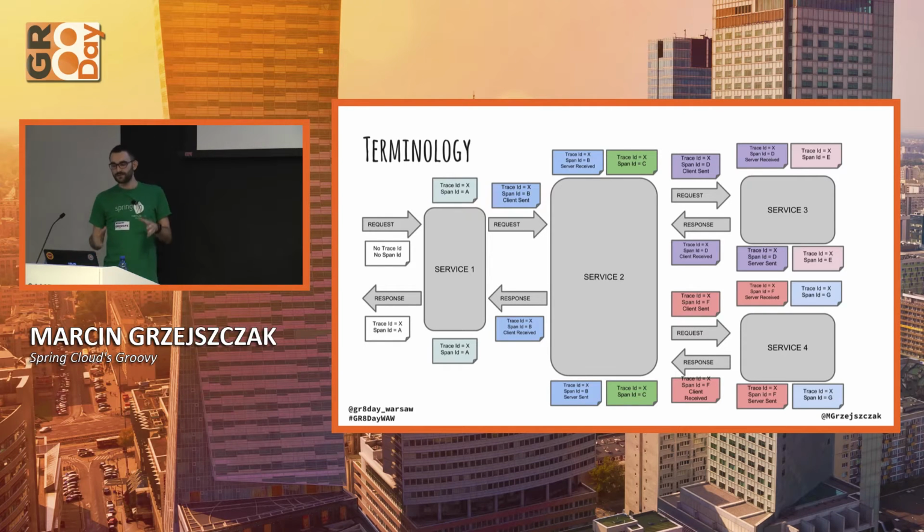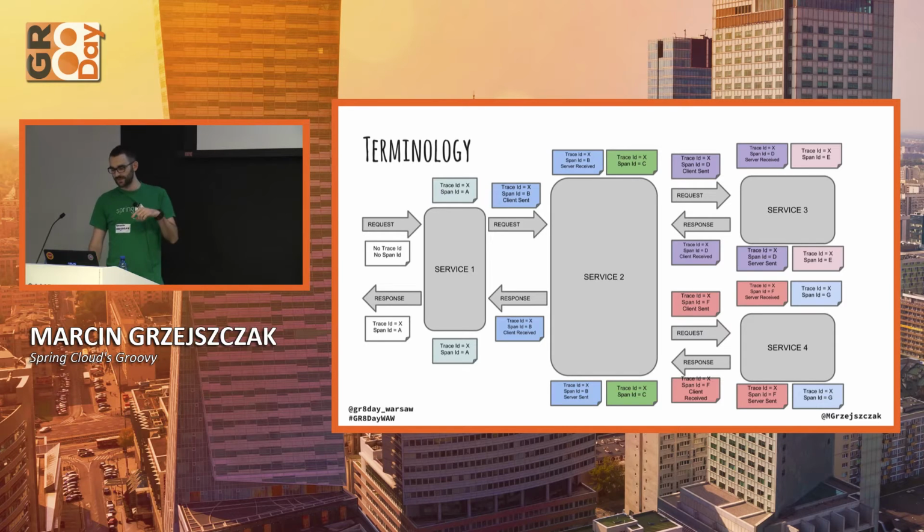So right now, this service wants to call another service, right? So another request comes, and a new span is created. So span ID is B, right? But trace is the same. So throughout the whole processing that I'm going to show you, trace ID is going to be the same, because this is one logical operation that we're doing here.